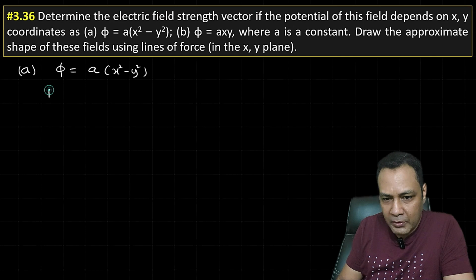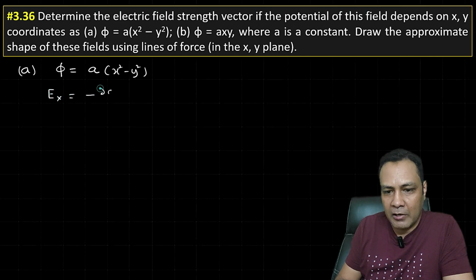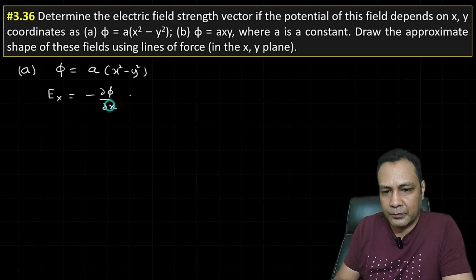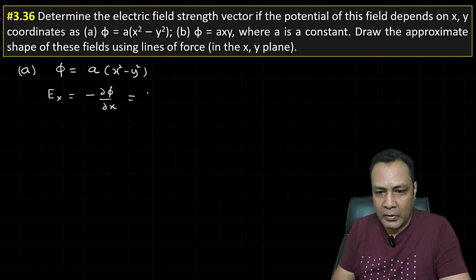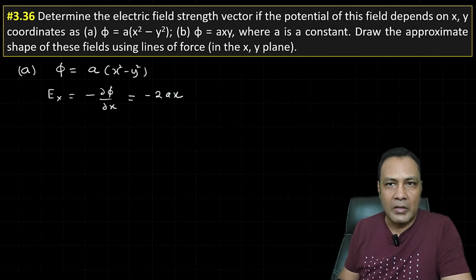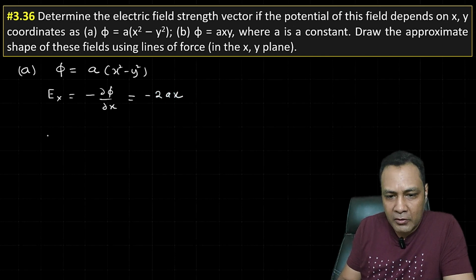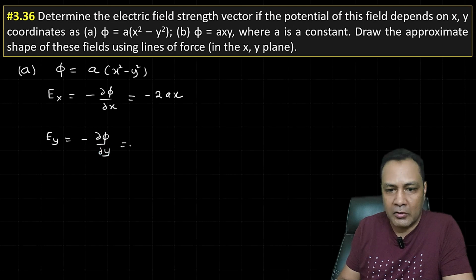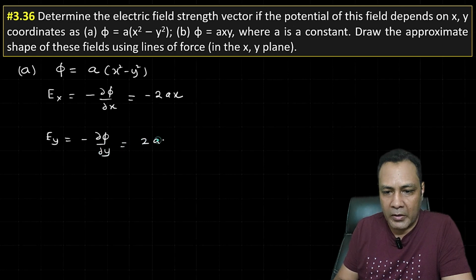So the x component of the electric field would be minus del phi by del x, and that would be nothing but minus 2ax. And similarly, the y component of the electric field in this case would be minus del phi by del y, and that would be 2ay.